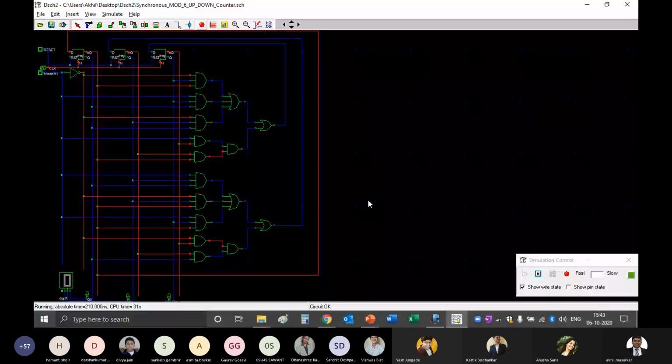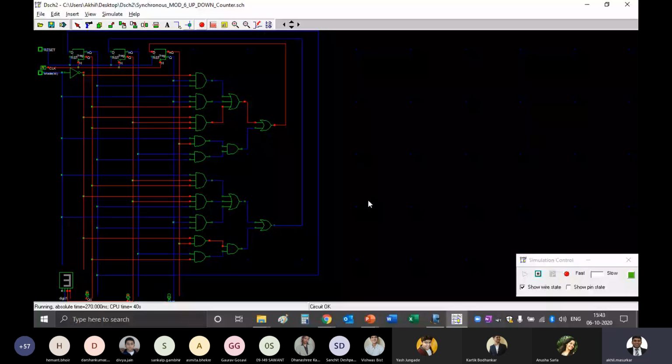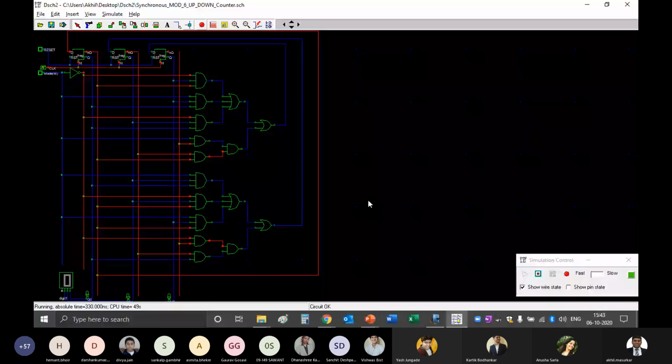It counts from 0 to 5. After 5 it becomes 0. So currently it is counting up.